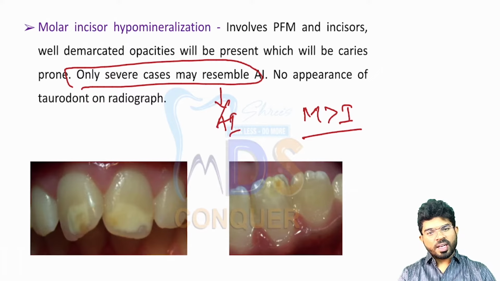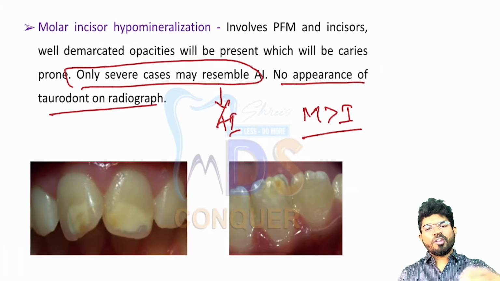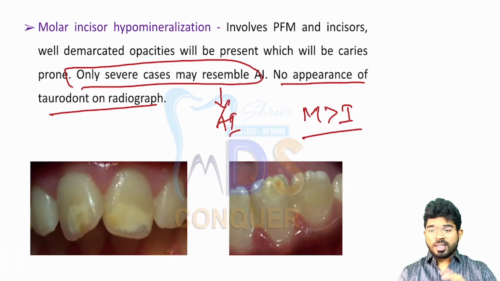Amelogenesis imperfecta and a severe form of MIH look the same, because as I have discussed, the severe form of MIH can affect all the teeth, including the canines as well as the premolars. Now you can differentiate only with the help of radiograph, because radiographic appearances are there in the case of amelogenesis imperfecta, and these will be absent in the case of MIH. So that is how you can differentiate a severe form of MIH from amelogenesis imperfecta.